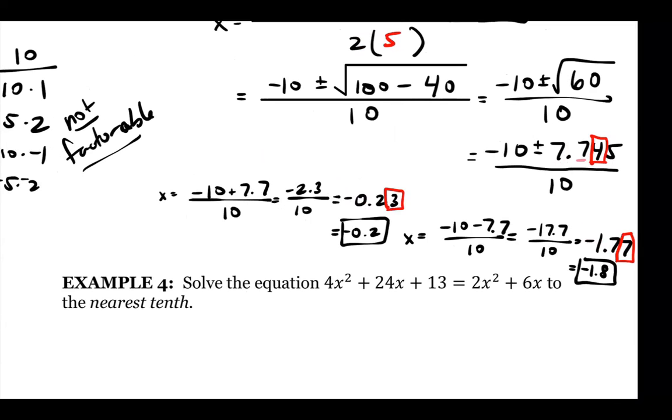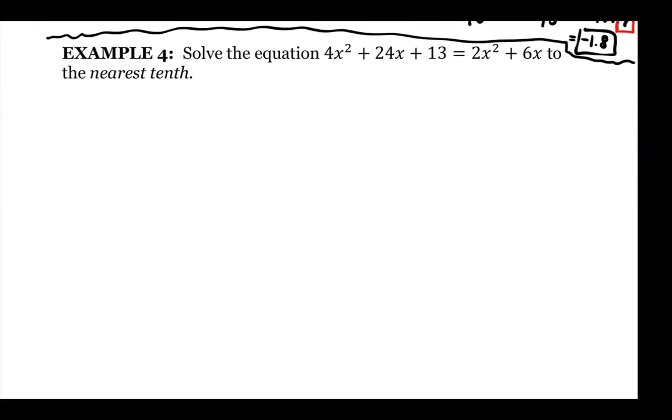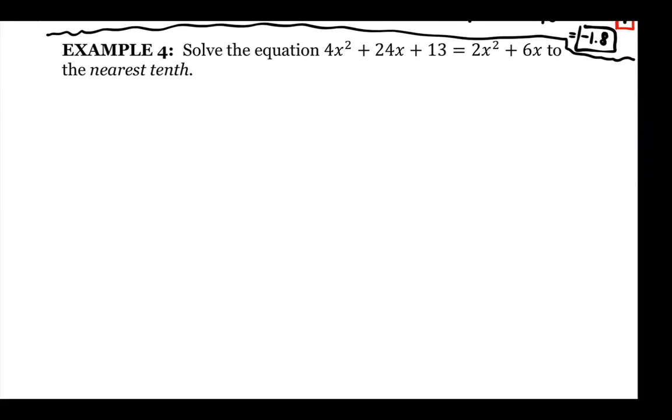Okay. All right. Okay, let's do one more. All right, so let me rewrite this.